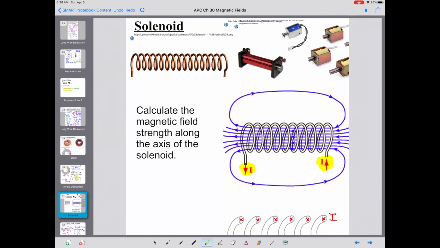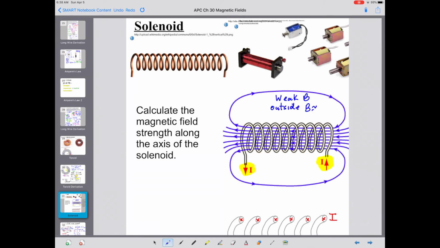You can do the other right hand rules also, but there's kind of a shortcut one, just wrapping your fingers in the direction of the current in the solenoid, and your thumb points the direction of the magnetic field. Notice on the magnetic field, most of the magnetic field is inside, and outside it is very limited. You have a very weak magnetic field outside.